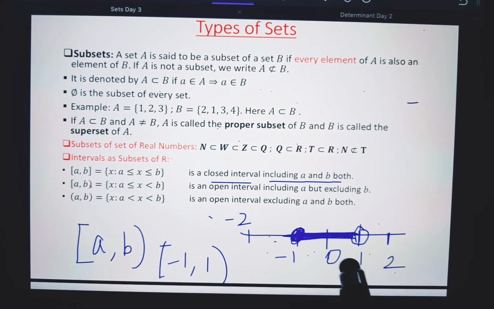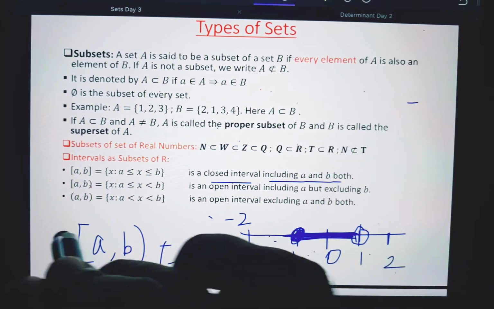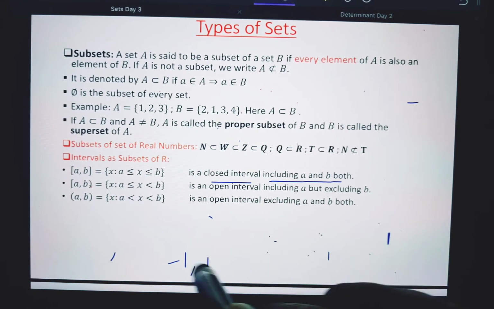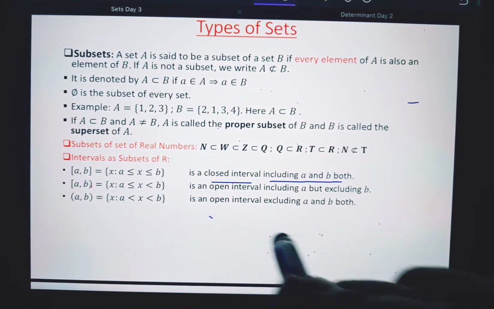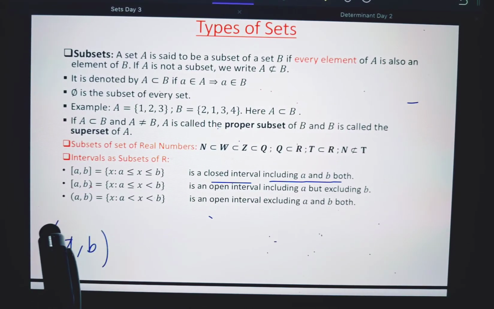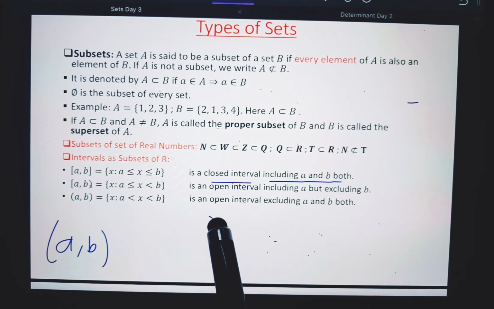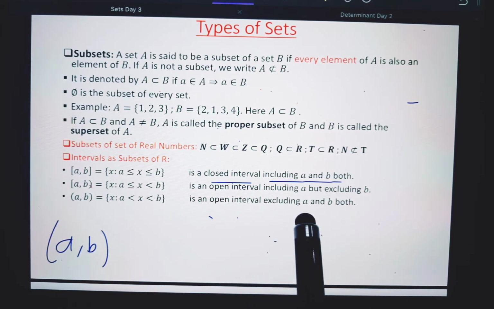So this side is open and this side is closed. So I will include -1 but exclude 1. Clear? Now we have the last one. The last one is where both sides are open. So here it says (a, b). The gate is open on this side also, the gate is open on this side also. It means I'm kicking both of them outside from the left and right hand side. So it is an open interval excluding a and b both.